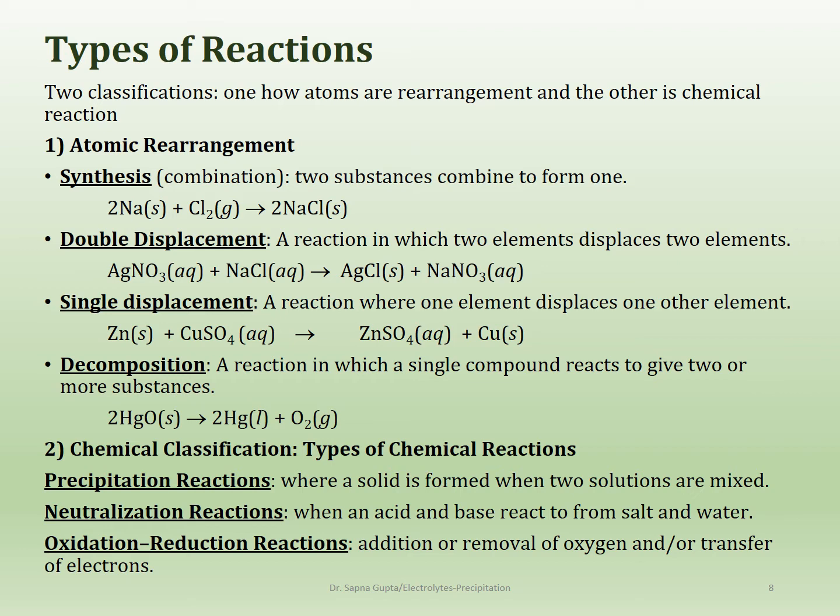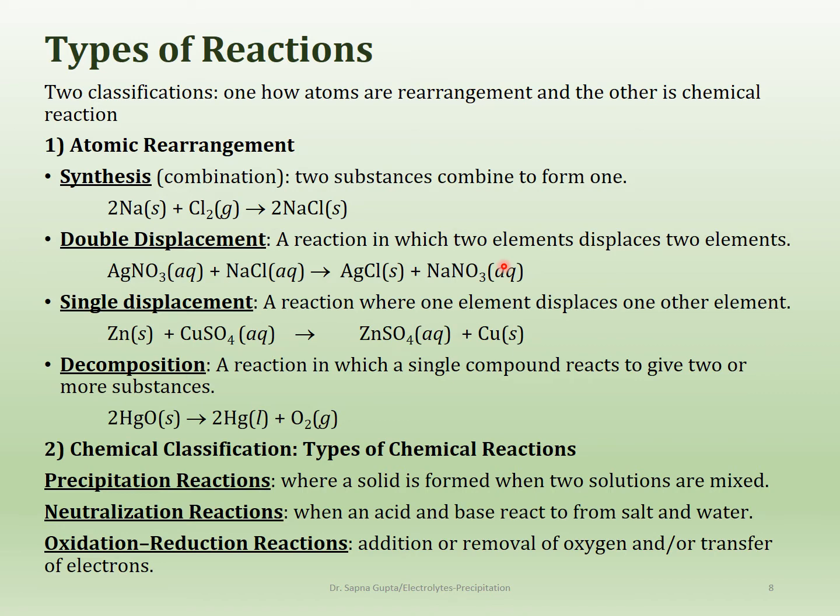So now for the different kinds of reactions that can actually take place in water. We've talked about different classifications before, and I'm going to introduce one more to you. So there are two different kinds of classifications. The first one that you have done is the atomic rearrangement, which was the synthesis, in which case you combine two things and get one thing. A double displacement, in which there are two exchanges going on.